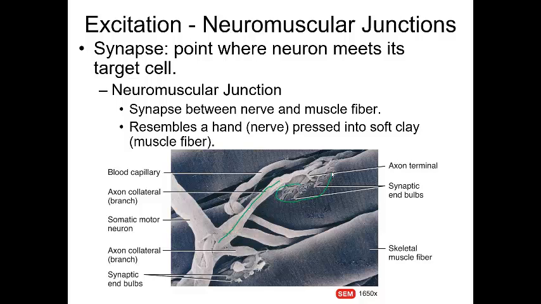You can see the synaptic end bulb. You can see the striations over here. Here's your muscle fiber. And right here is where the neuromuscular junction is happening. A synapse is where a neuron meets a target cell. This target cell can be either another neuron or it can be a muscle fiber.